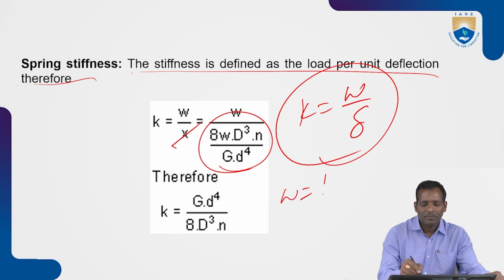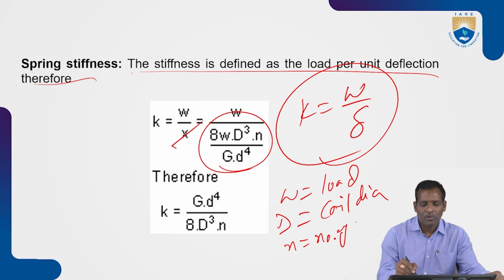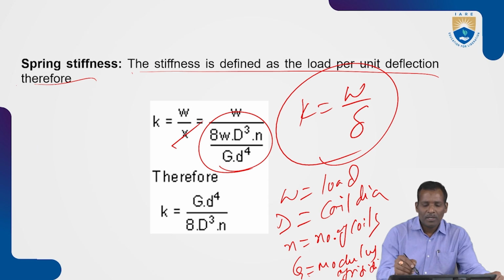Here W is load, capital D, coil dia, and N, number of coils, and G, modulus of rigidity, and small d, wire dia.